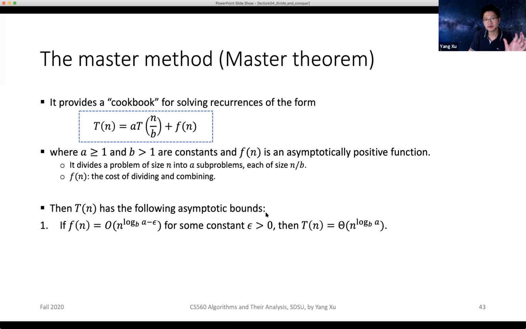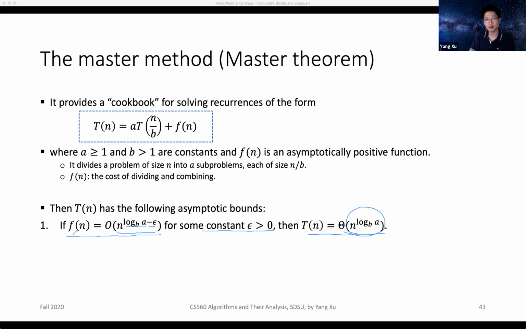The T of n has the following asymptotic bounds. We have 3 conditions. The first condition says if f of n has as its upper bound n to the power of logarithm with base b of a minus some epsilon, for some constant epsilon that's greater than 0, then the T of n is bounded by the big theta of this polynomial term.